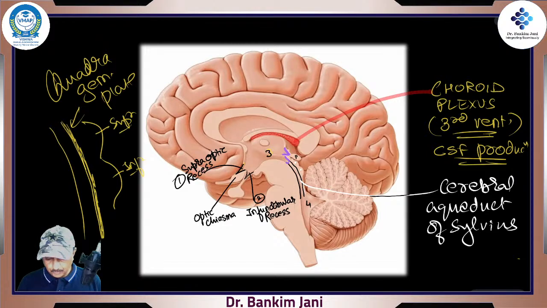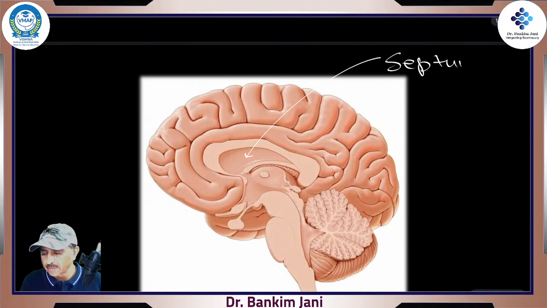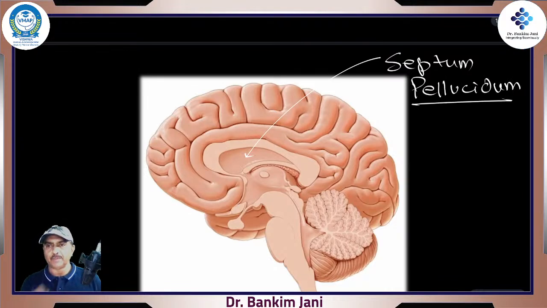Now we go for, let's clarify this part. We said that it is the septum pellucidum, right? Septum pellucidum is like a thin transparent wall, which is between the frontal horns of the left and right ventricle.